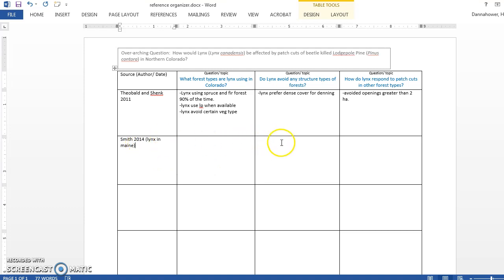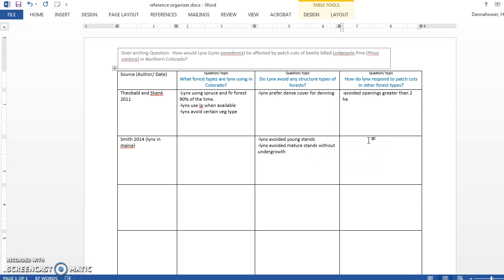I might have some information about structure types. I might find that lynx avoided young stands. I might find that lynx avoided mature stands without undergrowth. So I'm going to add that in there.